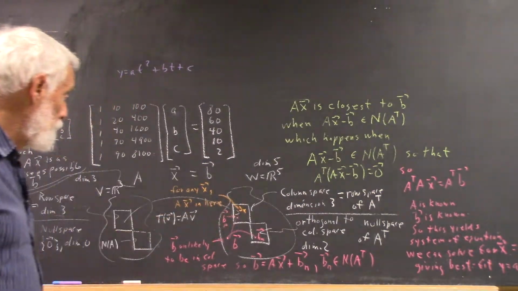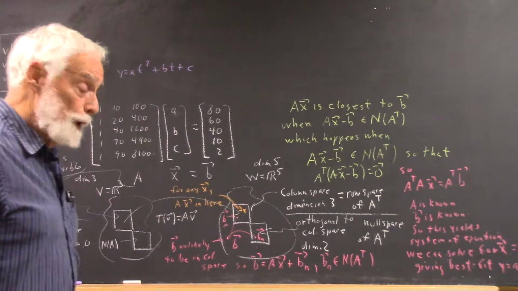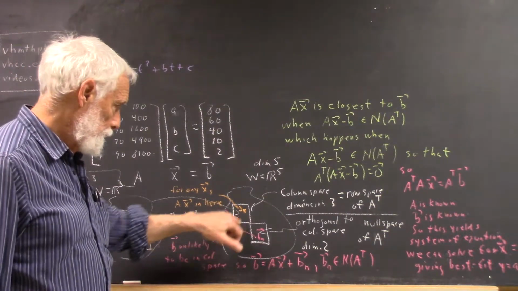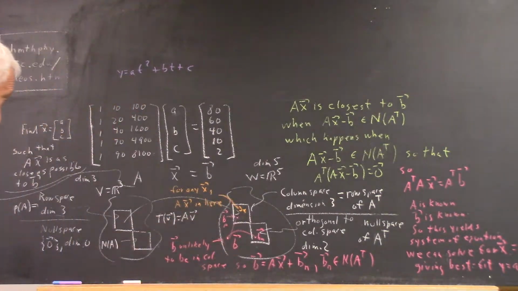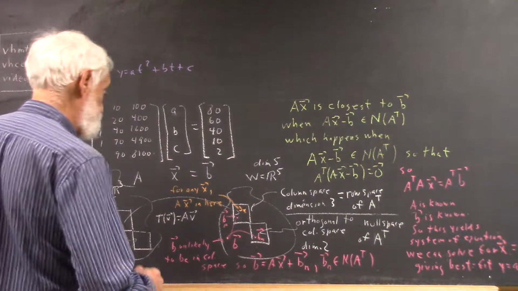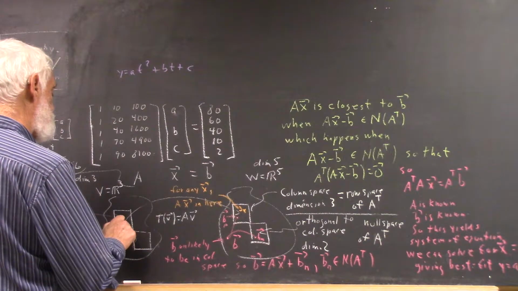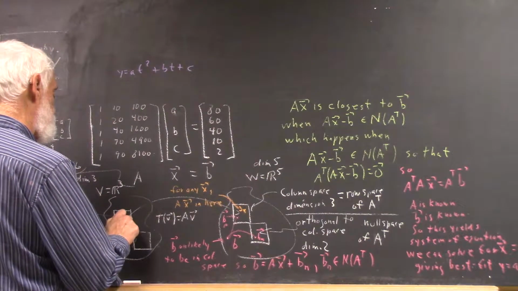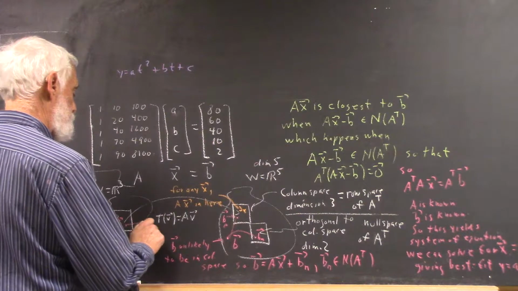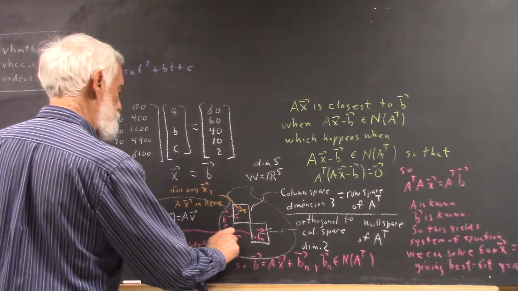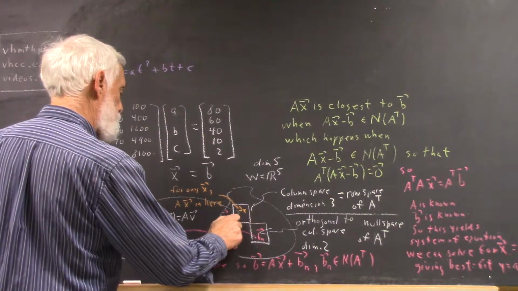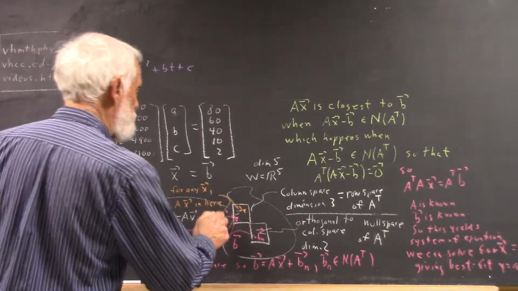Now, I'll say more about that, but that's where we are, and we don't necessarily completely understand this, but we'll develop this idea. So that the x that we want is the one that maps to b sub row.